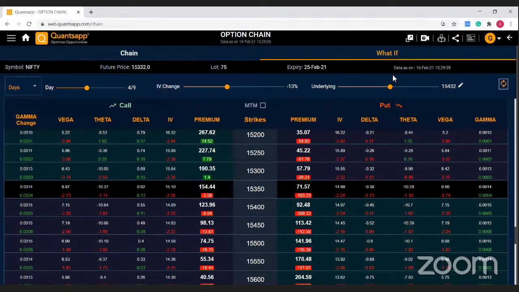Even though you bought a Nifty 15,350 call option, it had a movement of 100 points, you made money, but you held it for the next 4 days, you started losing money. Then at the same time IV also fell down, which means that even though there's a movement in the Nifty, I'm losing money.